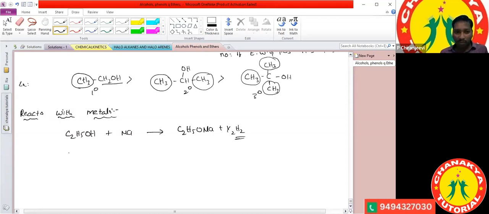Then if C2H5OH reacts with sodium hydroxide, what is the product formed? Ethanol reacts with the base.